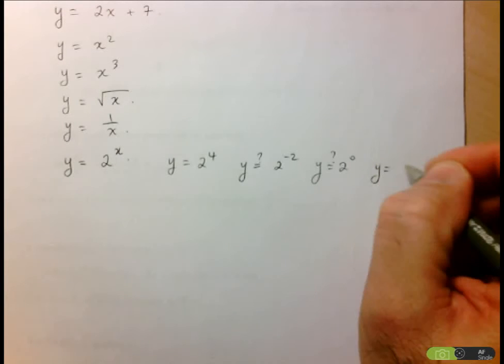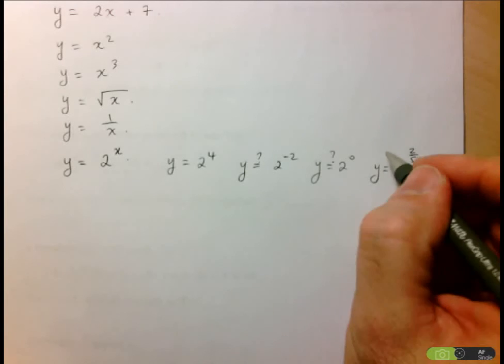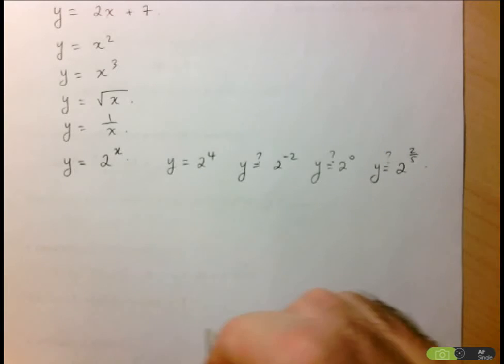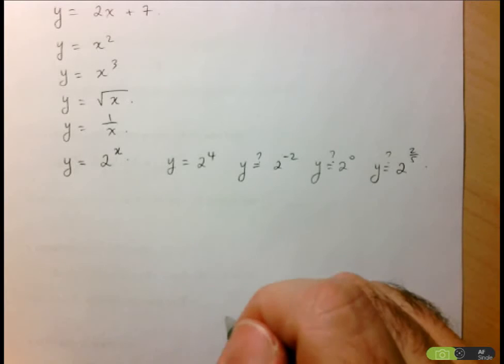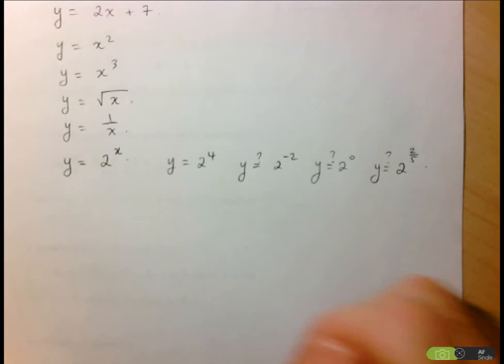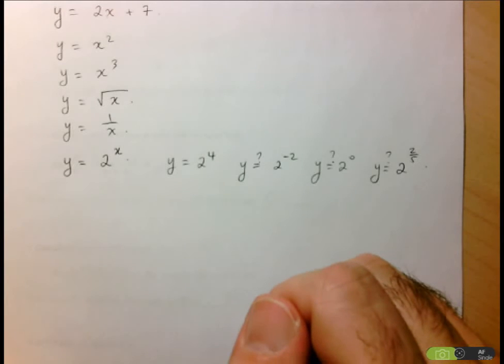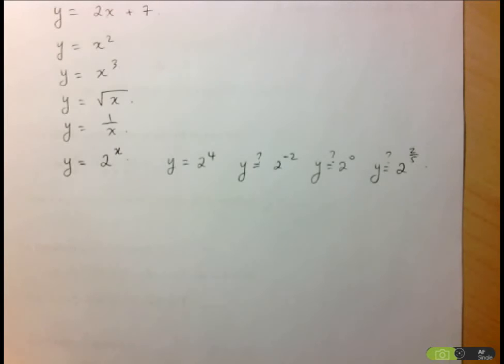Or going to the rational numbers, what does 2 to the exponent of 2/5 mean? Your calculator can certainly calculate these things for you, but we want to try to find the meaning behind these exponents that are not positive integers. So that's what we're going to be working on now in a second.